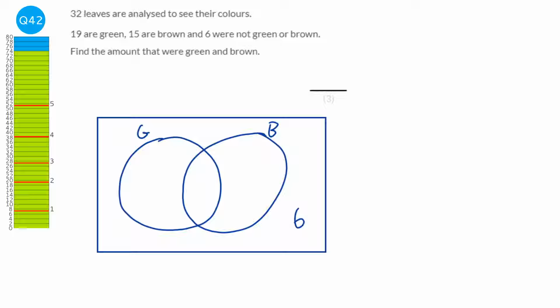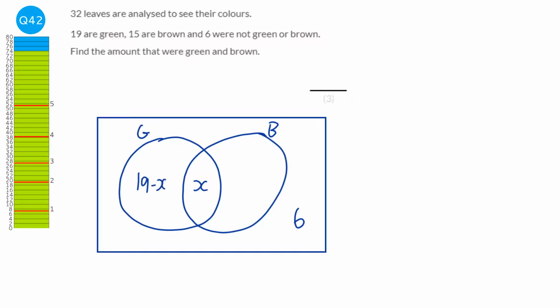We're told that 19 are green, but we don't know which, either they're in here or a bit of both. So what we can do is label the centre X, and we can say that there are 19 take away X just green, because they could have been both green and brown.